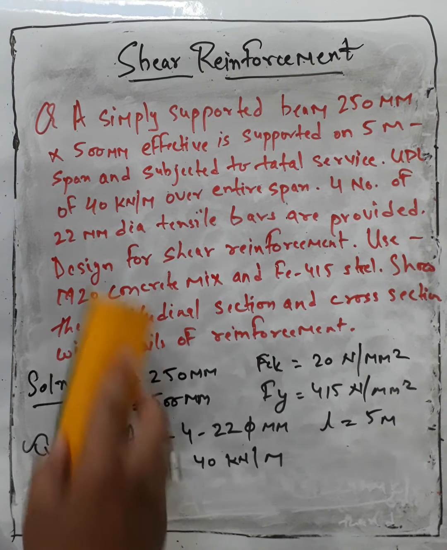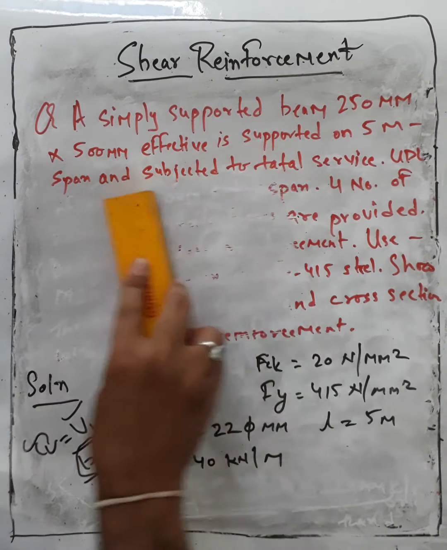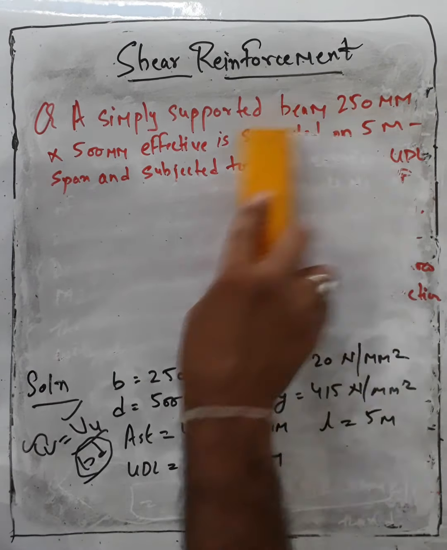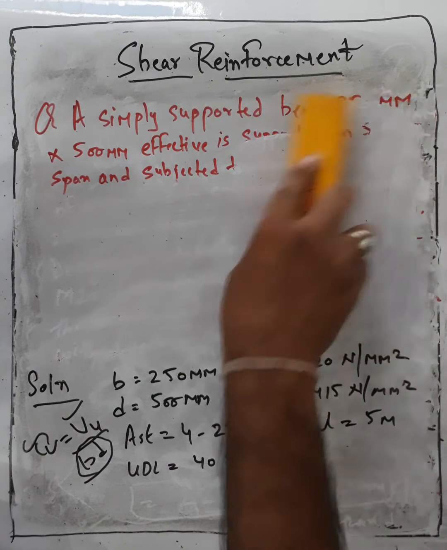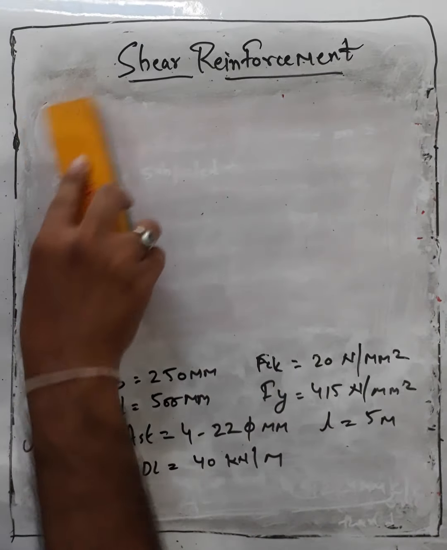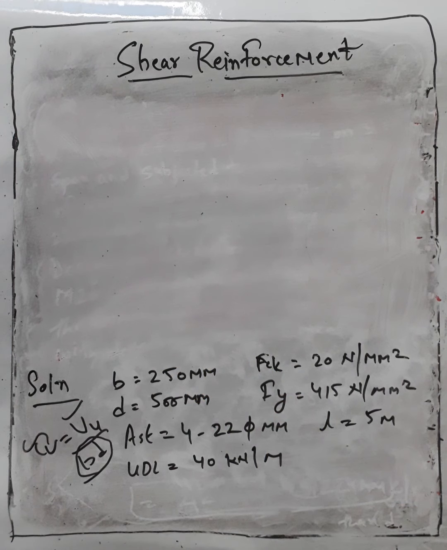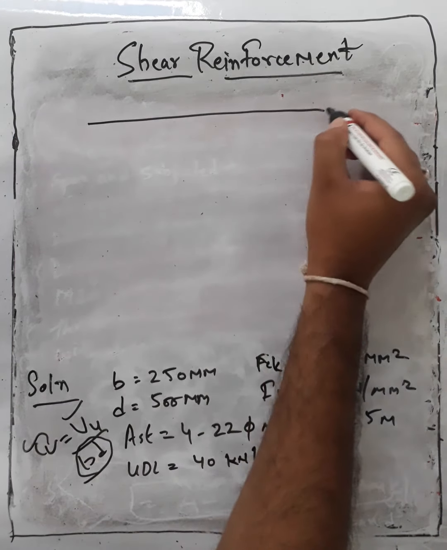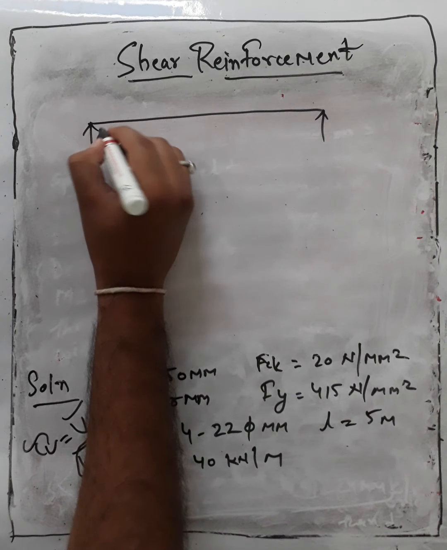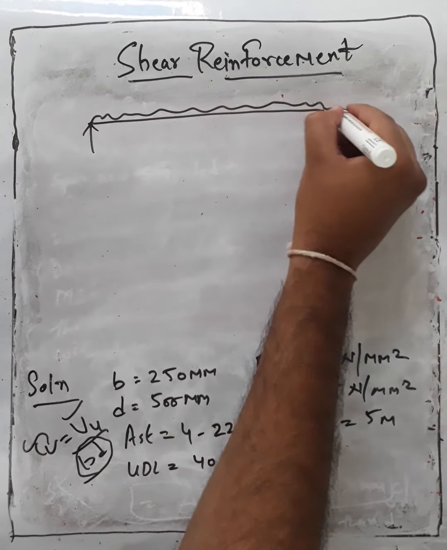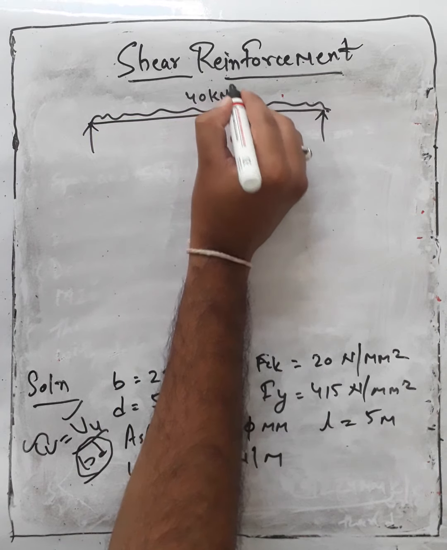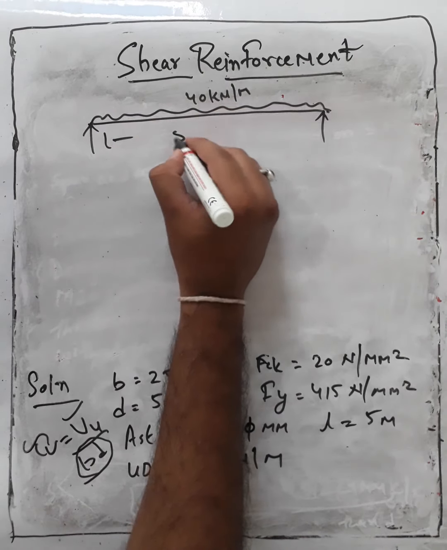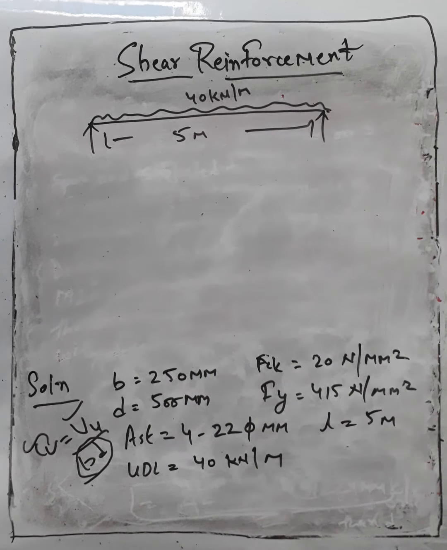So we first draw a beam on which we apply the UDL of 40 kilonewton per meter. This is our beam with the UDL of 40 kilonewton per meter and span of 5 meter. With the help of this beam we find the shear force value.